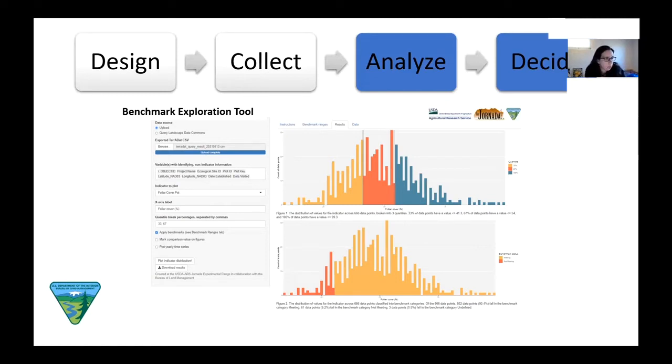And then apply that benchmark and say, this proportion of our plots or our landscape is meeting our desired benchmark conditions and this other proportion is not. So this was a tool that BLM was really eager to see, but again, NRCS and the SEEP program are excited about these explorations as well.